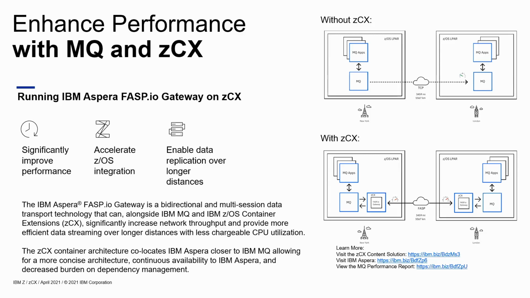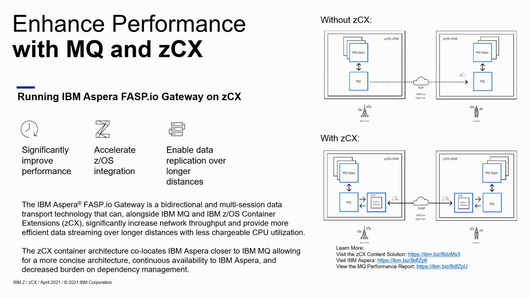In some cases, it can significantly increase network throughput and provide more efficient data streaming, with less chargeable CPU utilization. The zCX container co-locates the Fast.io gateway to allow for a more concise architecture, more continuous availability to IBM Aspera, and decreased burden on dependency management.